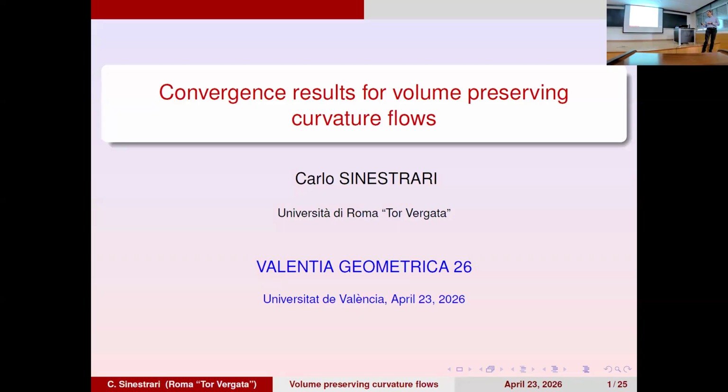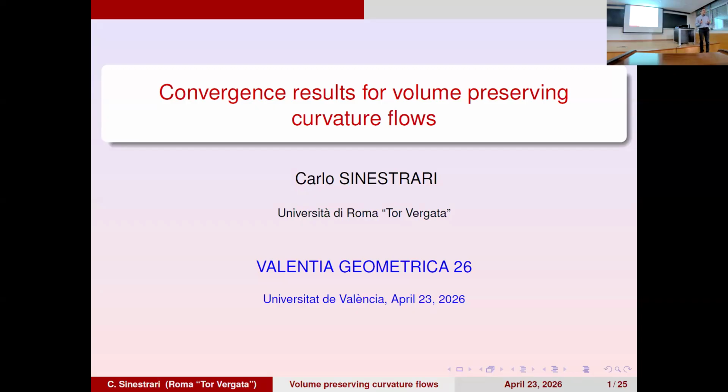Partially recent, partially somehow older, maybe 5 or 10 years older, but I collect them because they have a common strategy of proof. Compared with the other talks on Ricci flow you heard yesterday, and I guess the following talks on mean curvature flow, this is somehow less ambitious.